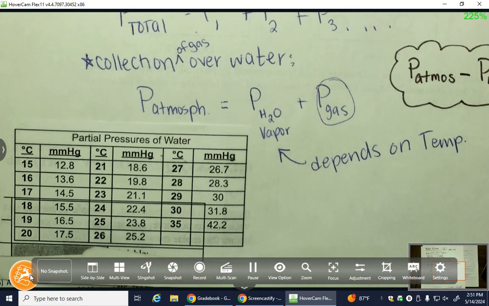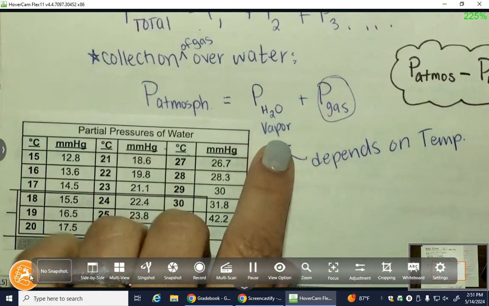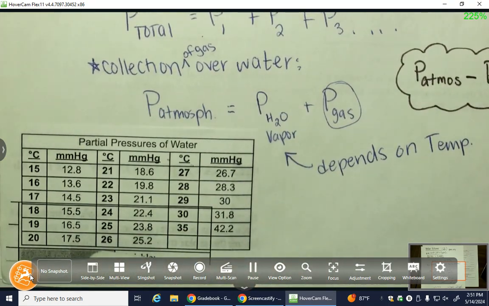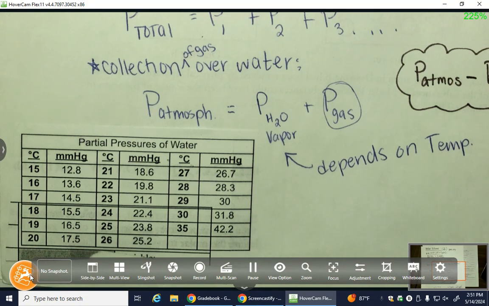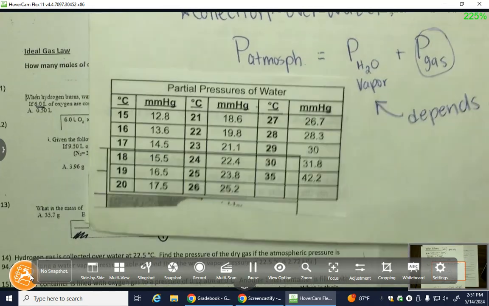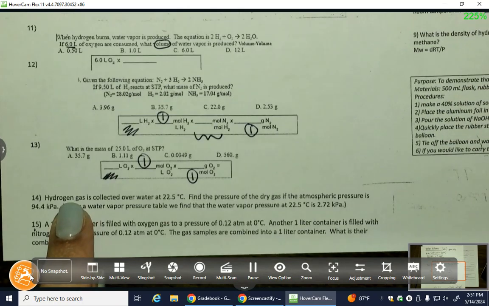It was the idea that atmospheric pressure is always equal to your water vapor pressure plus whatever pressure of gas. If you remember from the lab that we did with the sinks, we were trying to figure out what was the pressure of the butane. Well, this question, number 13, I'm sorry, I'm so off on my numbers. Number 14 is asking you to solve for what is the mass of the hydrogen gas.